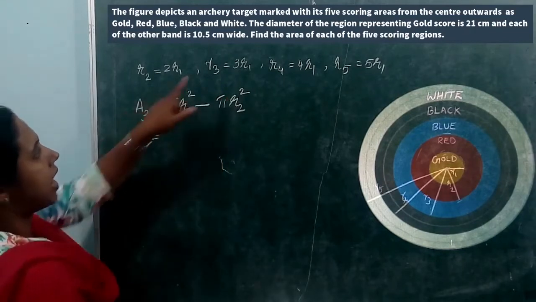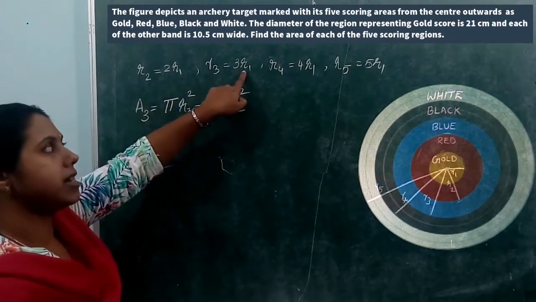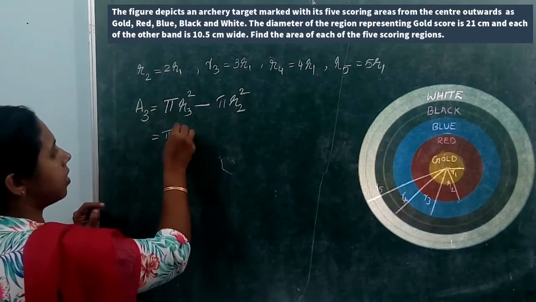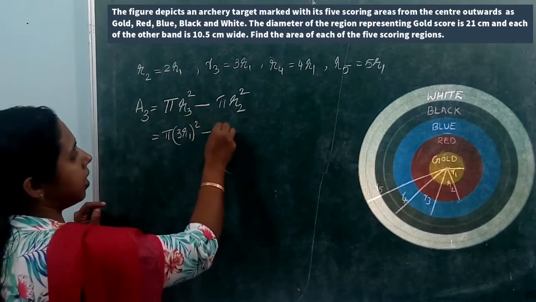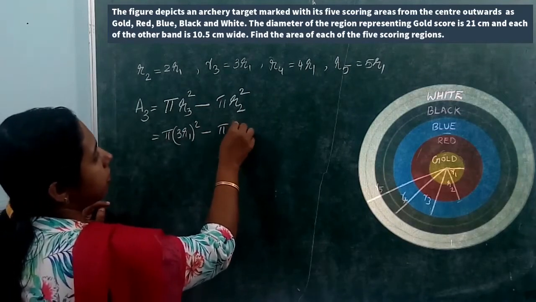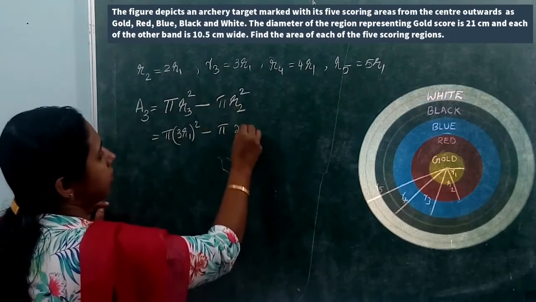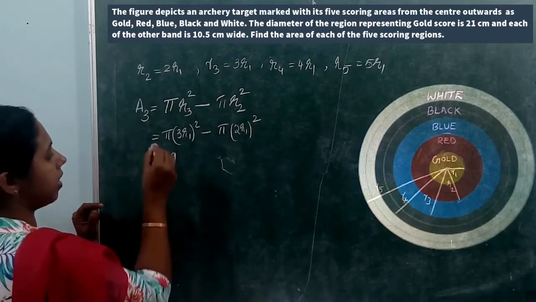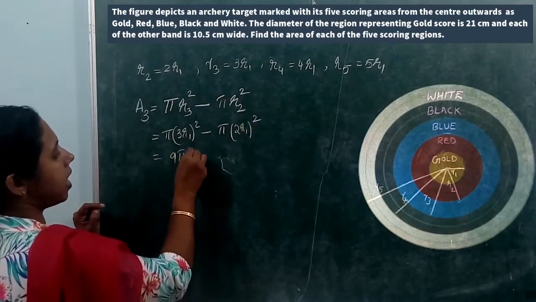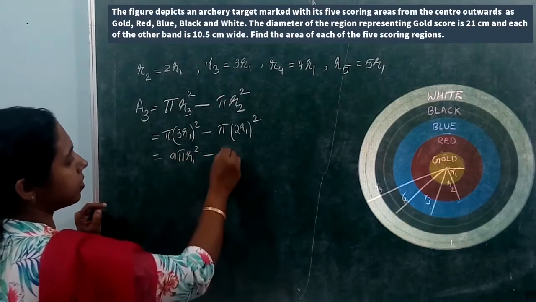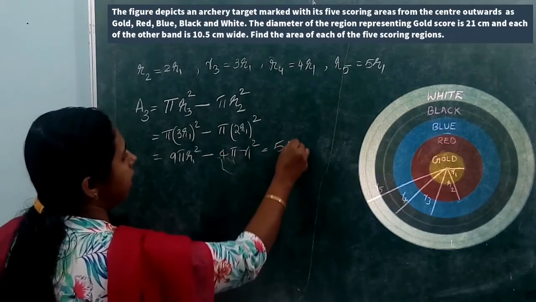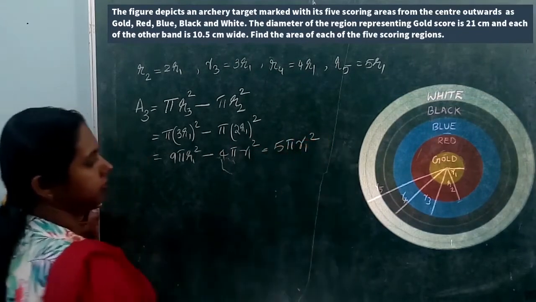We know that r3 is equal to 3r1. So we can substitute: pi into 3r1 whole square minus pi into 2r1 whole square, that is equal to 9 pi r1 square minus 4 pi r1 square, that is equal to 5 pi r1 square.